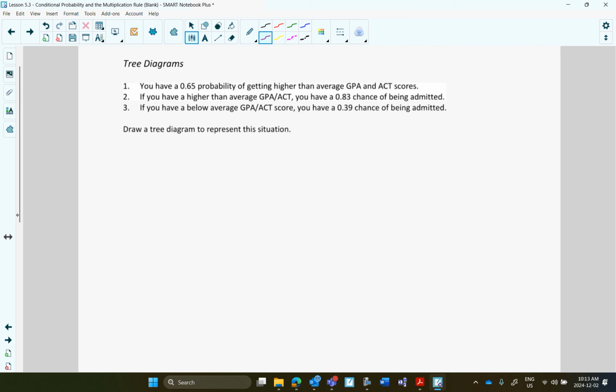So in this situation, we have a 0.65 probability of getting higher than average GPA and ACT scores, which means there's what probability of getting lower than average? If it's 0.65 higher than average, then it's 0.35 lower than average, right? Okay. So let's start our tree.